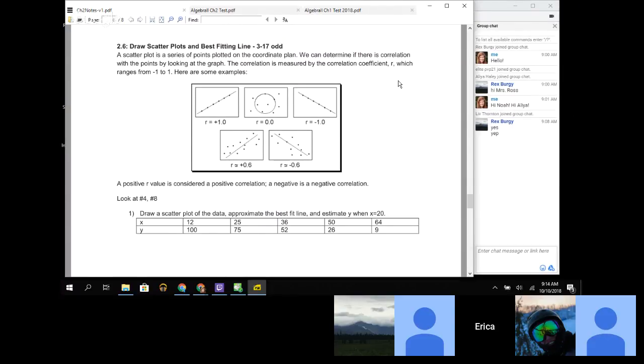Okay, so if we're talking about hours spent selling Girl Scout cookies and how many cookies you sell, my favorite example, you might have a graph of that data that looks like a scattered kind of correlation. So what I mean by this is, let me pull this up a little bit bigger.